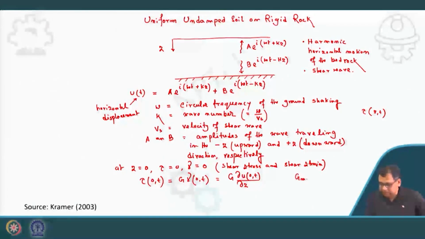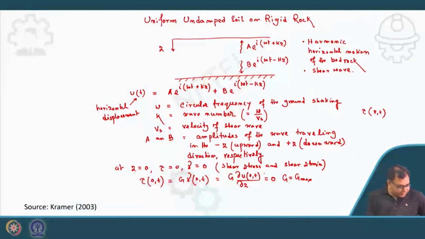Now, this will be equal to 0, because that is the case we have considered: at the surface your tau is equal to 0.